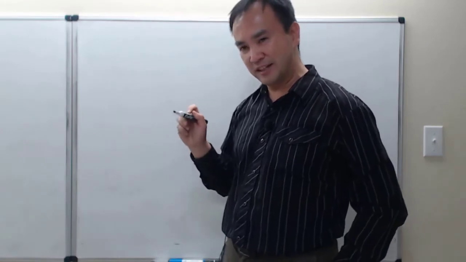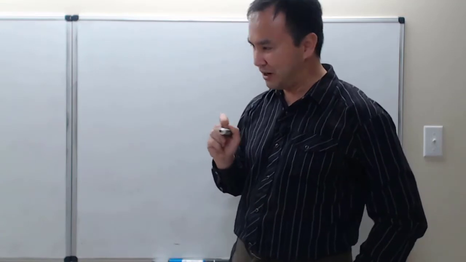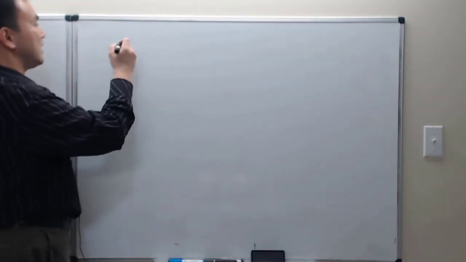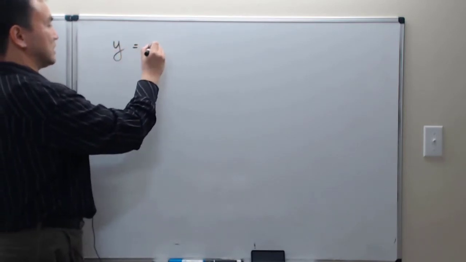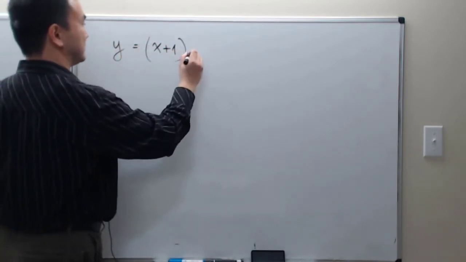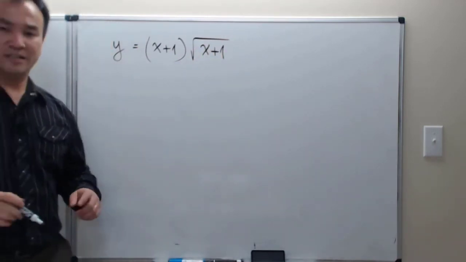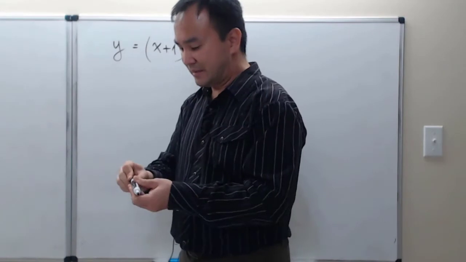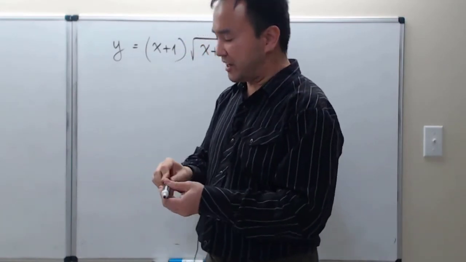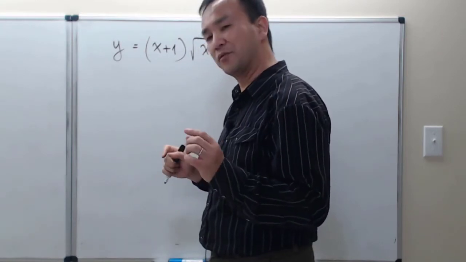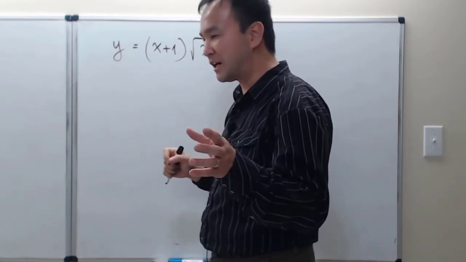Along with the first thing I was about to say, there's no such thing as a right or wrong inside function. Let me bring up a little example like this. Let's look at y equals x plus 1, times the square root of x plus 1. What did I mean by no right or wrong inside function?